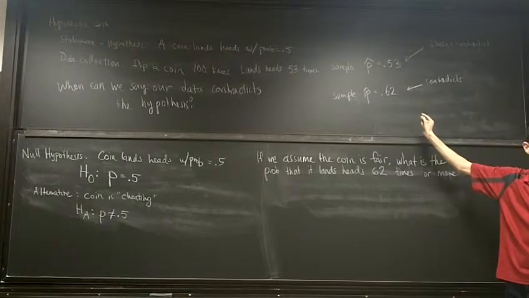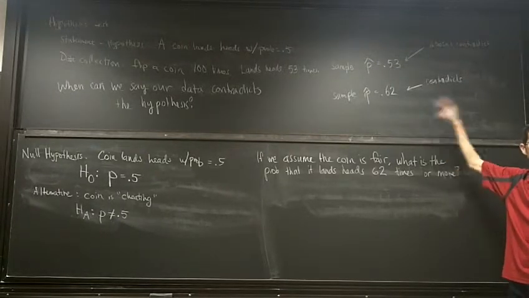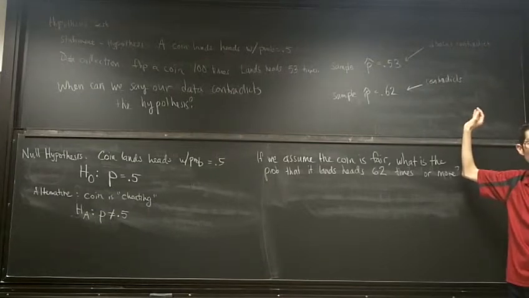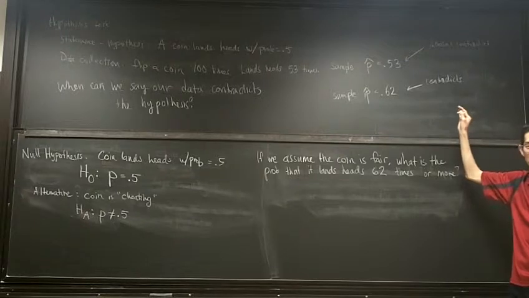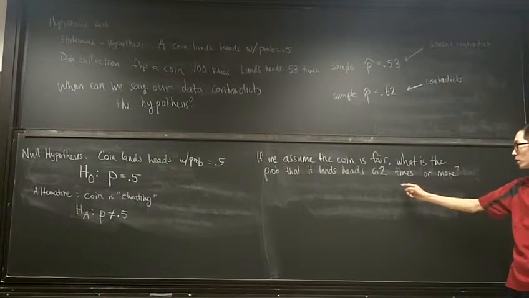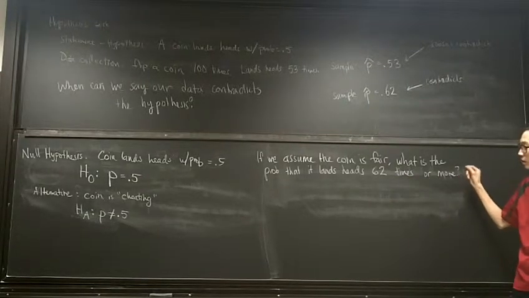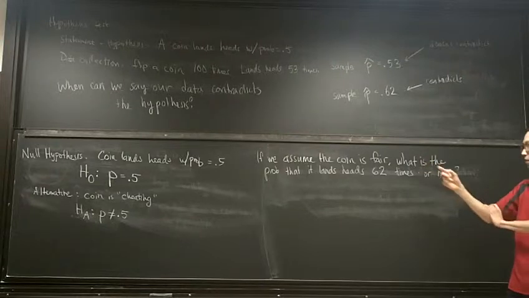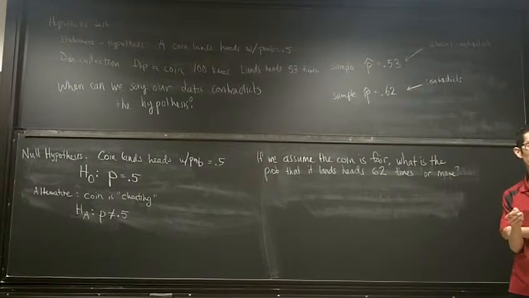It would also raise your suspicion if it landed heads 63 times or 64 times or anything more than 62 times, right? If it raises your suspicion at 62 times, it'll certainly raise your suspicion at anything higher than 62. So that's why I'm saying 62 times or more. Okay. Alright, can we answer this question? If we assume the coin is fair, what is the probability that it lands heads 62 times or more?